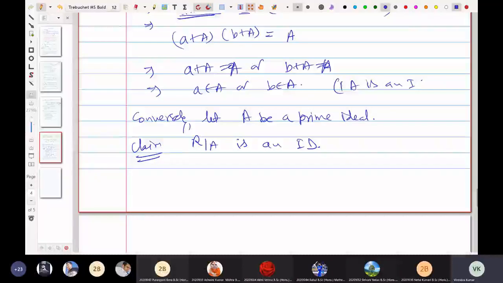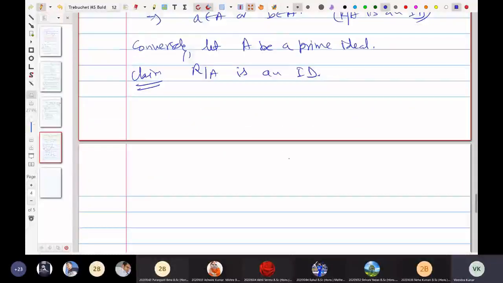We are assuming that A is a prime ideal, so we need to prove that this is an integral domain. Integral domain means we need to prove that there should be no zero divisor.